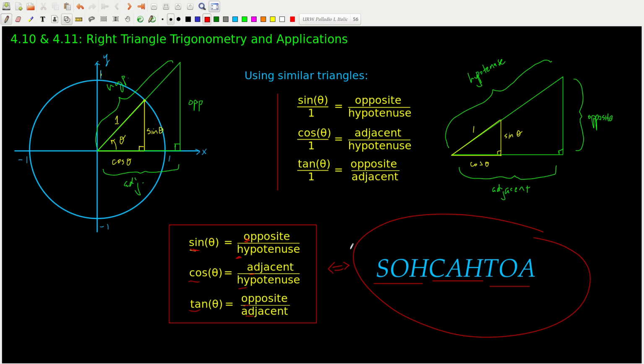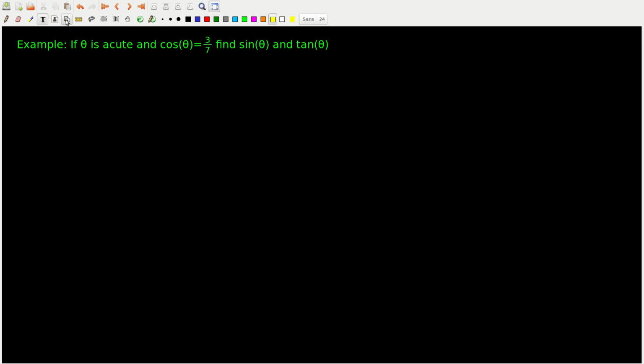So let's use this idea to calculate some trig functions. Given the cosine of an angle, this is similar to what we've done before. We want to find the sine and tan of that same angle theta. So we can think about this by actually building a triangle. And we're going to recognize the identity we have.